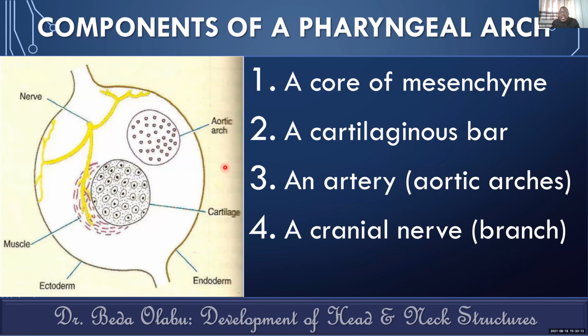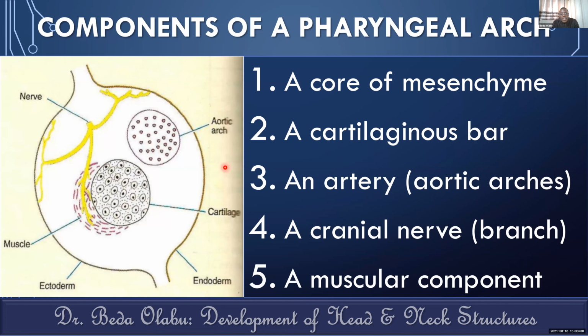Within a pharyngeal arch, we also have a branch of a cranial nerve. And basically, this nerve supplies the musculature of a pharyngeal arch. That means, therefore, that a pharyngeal arch also has some muscular components. The mesenchyme of the pharyngeal arch will give rise to some musculature, what we call muscles of pharyngeal arch origin.